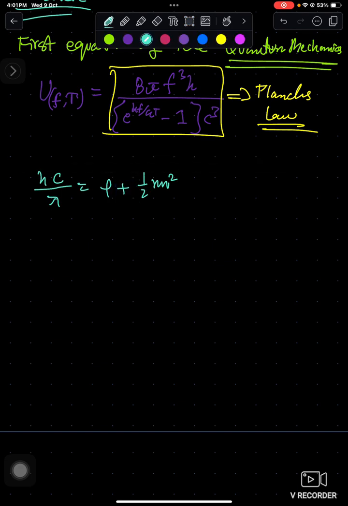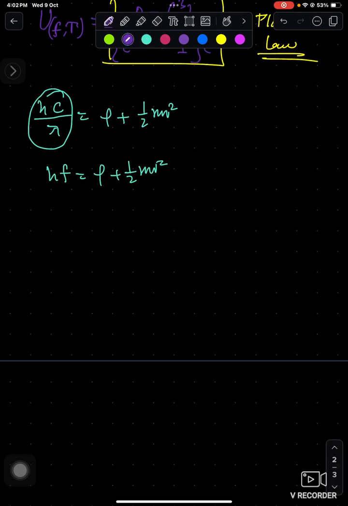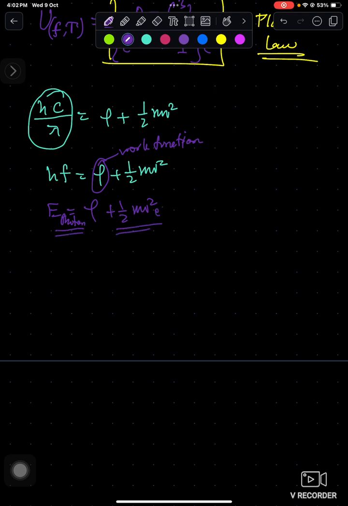Okay, now here this can be written as hf equals this plus 1 over 2 mv square, and this can further be written as E equals psi, this is the work function, plus 1 by 2 mv square. E of photon, electron.